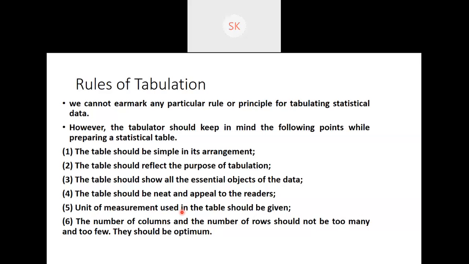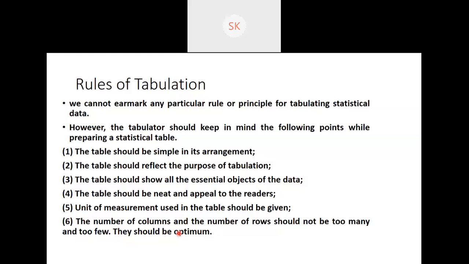Now in consumer price index, we had solved a problem under the family budget method, which is talking about quintals of rice, kgs of sugar, then liters of oil. Now these are units of measurement, and it was clearly given in the question what unit of measurement was utilized there. So that also has to be clearly mentioned in the table. So that is a rule of tabulation.